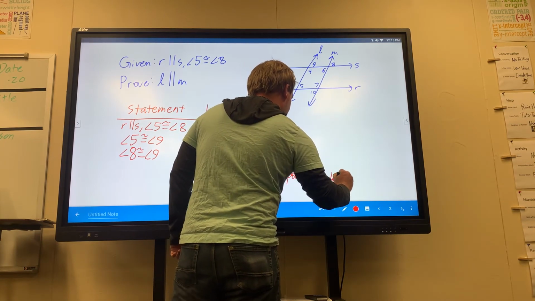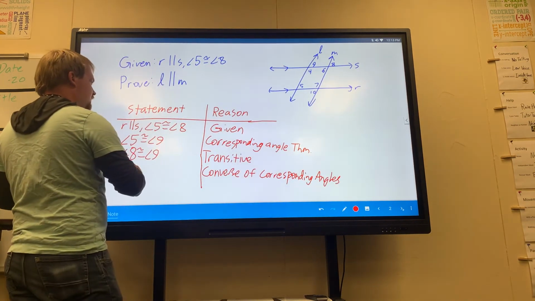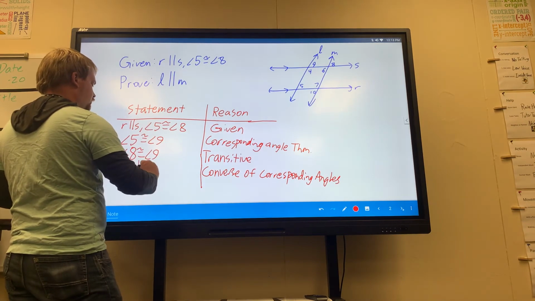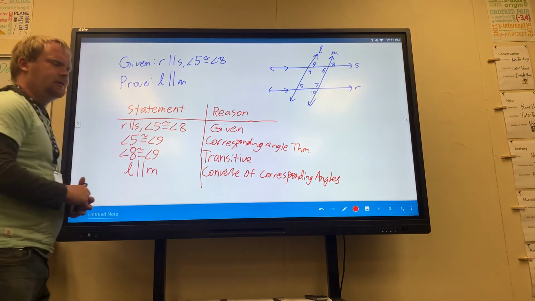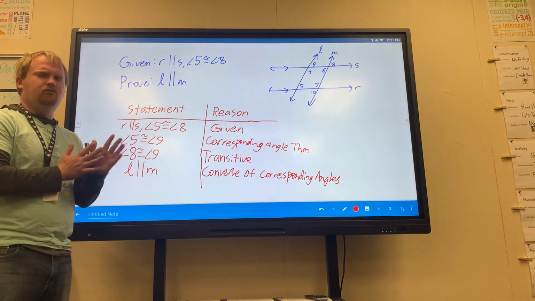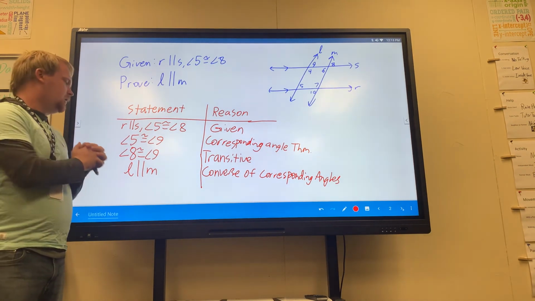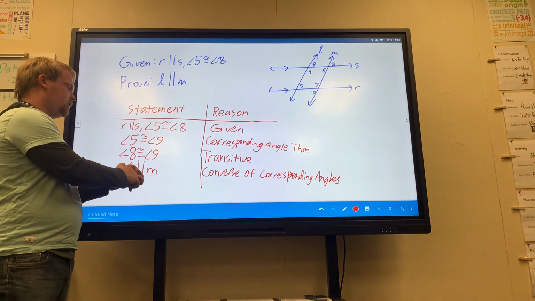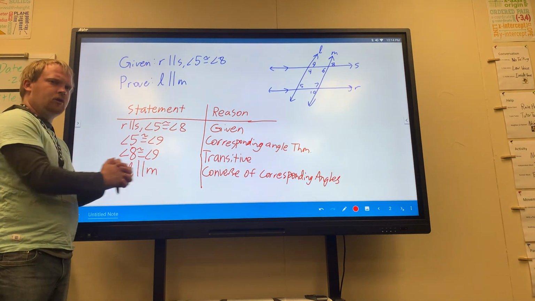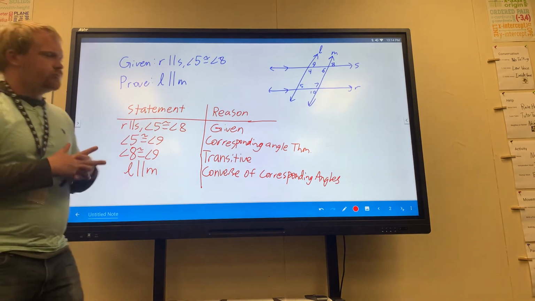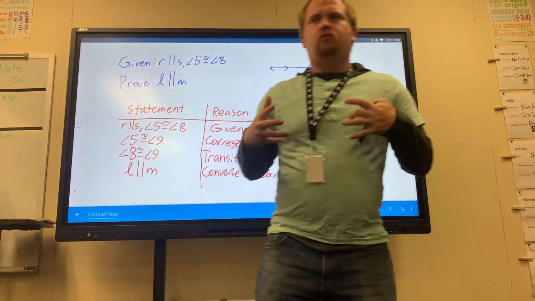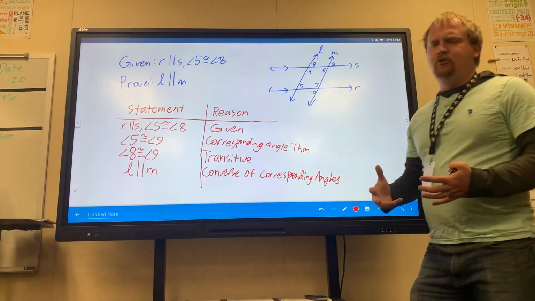Then I can say that line L is congruent to line M. I mean, it's parallel, not congruent. Line L is parallel to line M. Okay? So we have just proven lines that are parallel to each other.